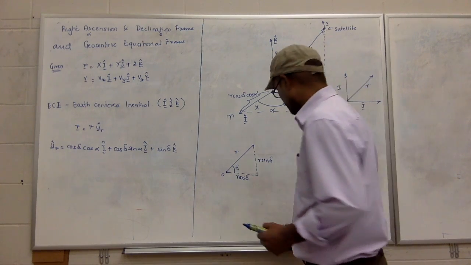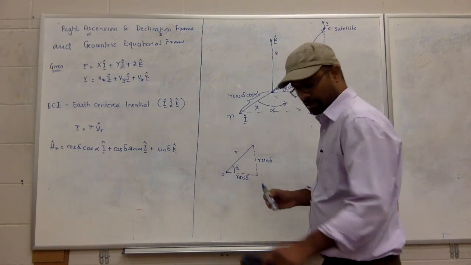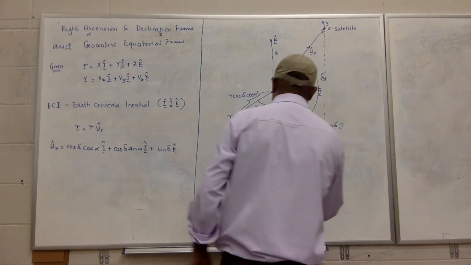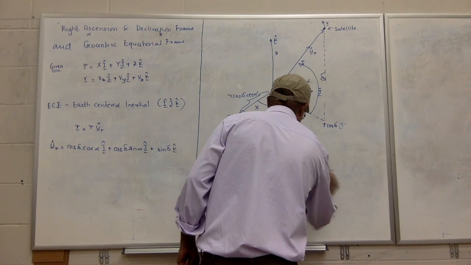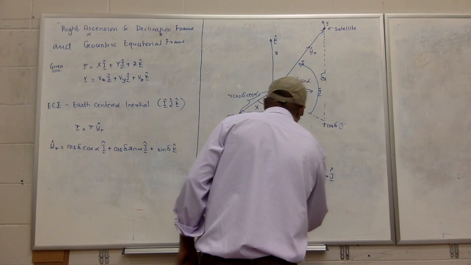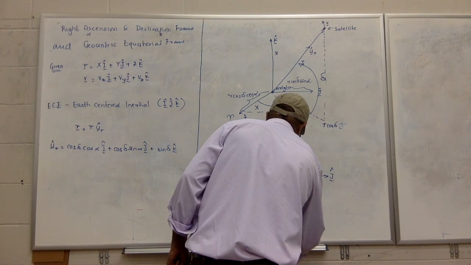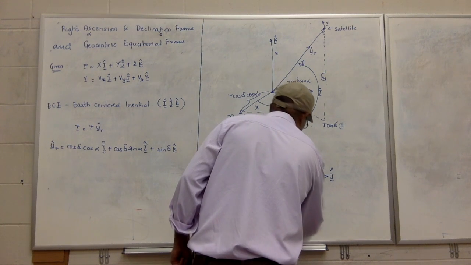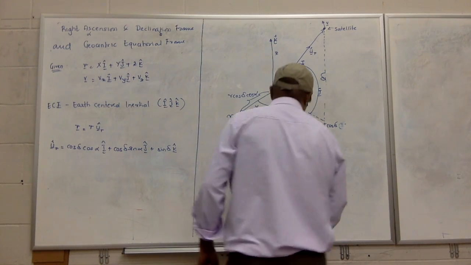I think that's a little confusing. So here is J, this is I, and this is that R cosine delta.